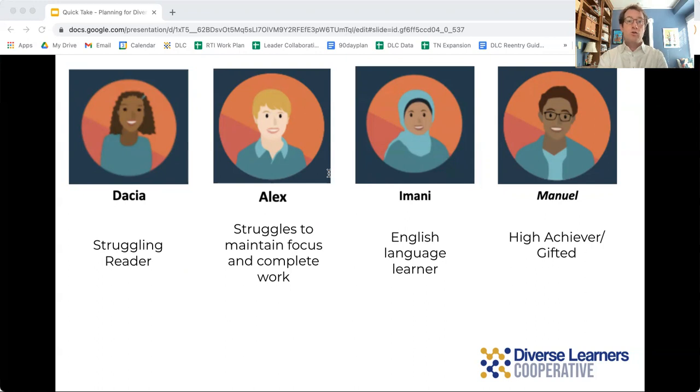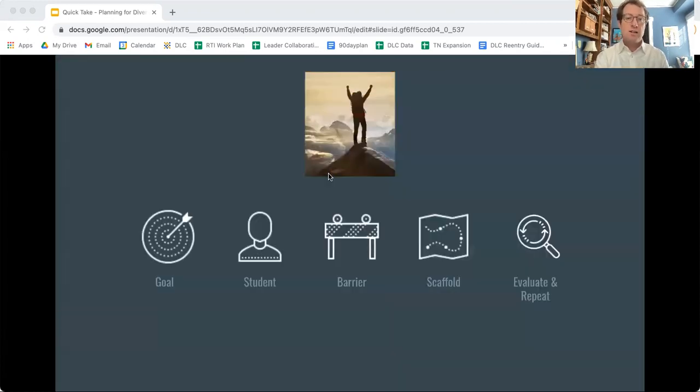But we're going to get great at planning for 1 student at a time. Today we're focusing on Alex, who struggles to maintain focus and complete work independently. Hopefully you have a student that fits that profile in your class.